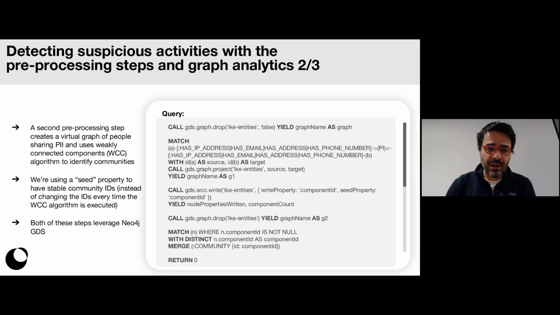So here we have a graph query that identifies people that are connected across a shared IP address, a shared email, a shared address, and more. And here we see that we have created that projection. And here we are applying the weakly connected component algorithm to this virtual graph.